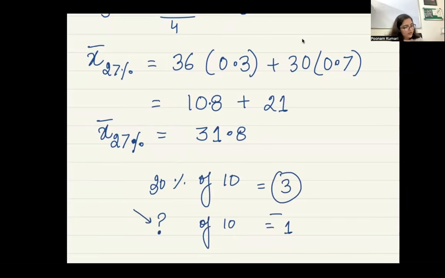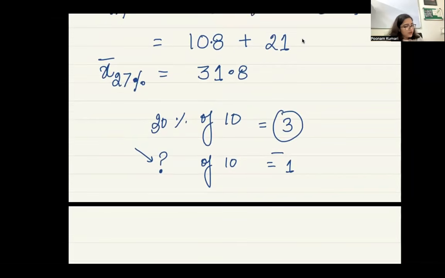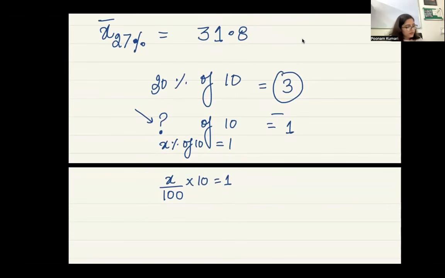Okay. Let's say this percent is x. So x% of 10 should be 1. So you write it as x by 100 times 10 equals 1, right? So what is the x value? 10. Now you can see, if I tell you to find the 10% trimmed mean, what will you do?